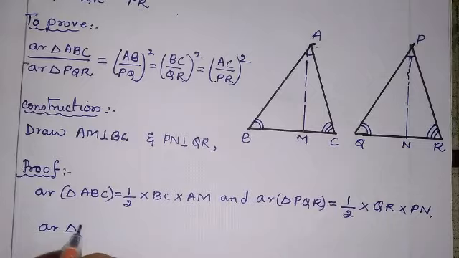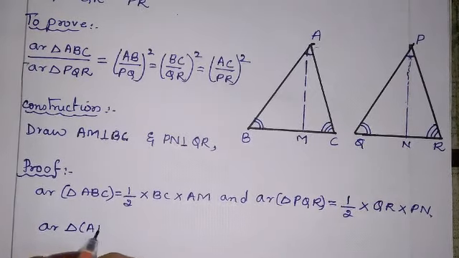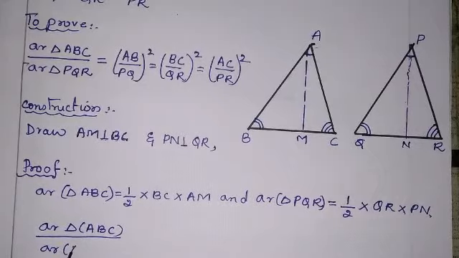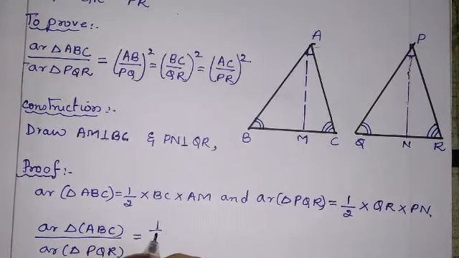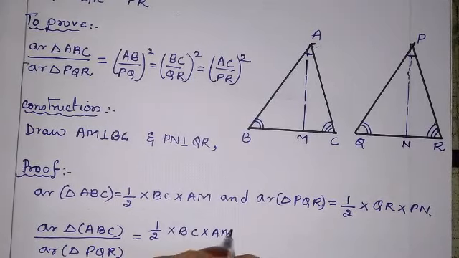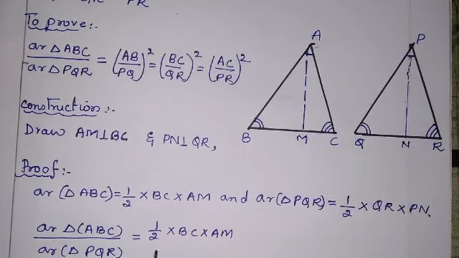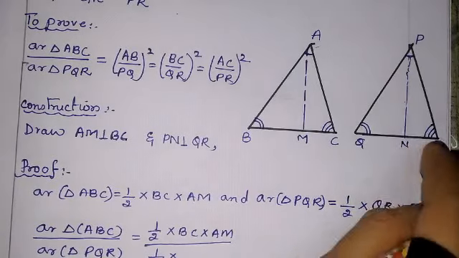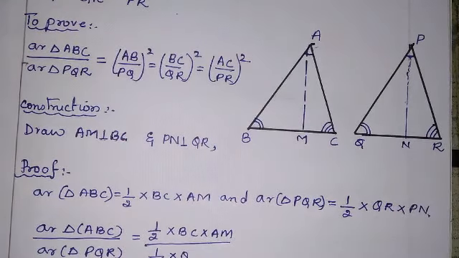Area of triangle ABC upon area of triangle PQR is equal to half into BC into AM upon half into QR into PN.